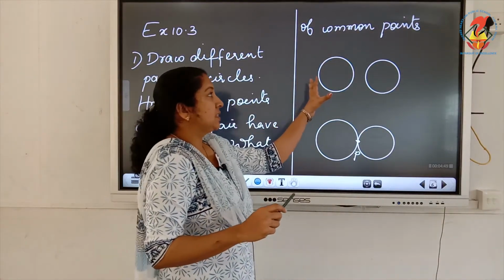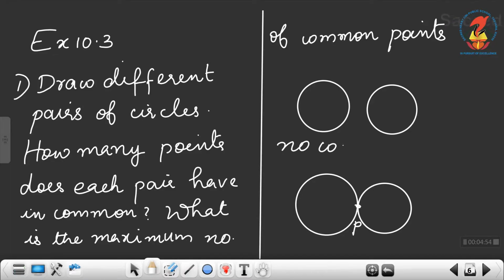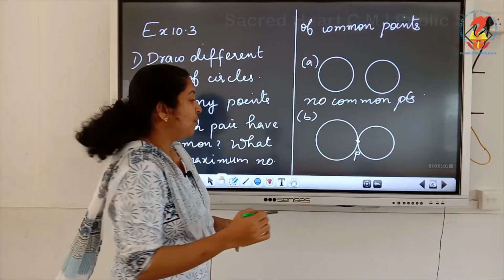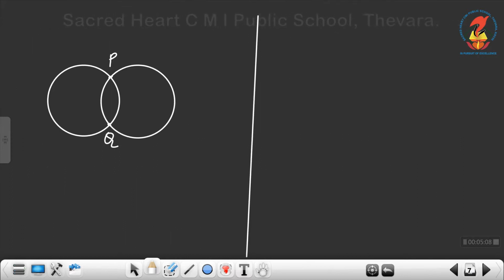See, first case, how many common points? No common points here. Second case, one common point. Then the third case, how many common points? 2 common points.